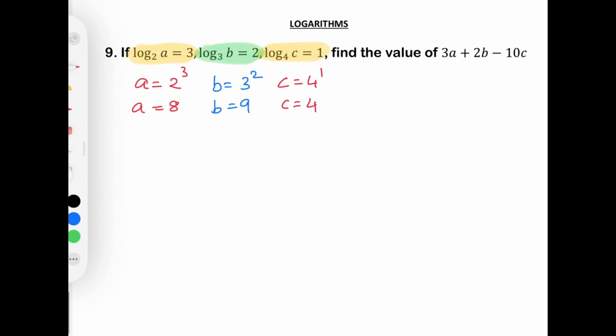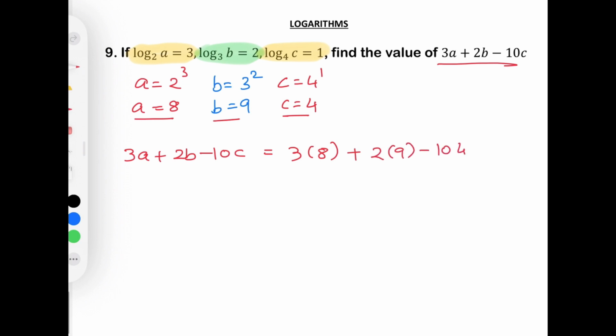Now substituting the values of a, b and c in the given expression, which is 3a plus 2b minus 10c, we get 3 times 8 plus 2 times 9 minus 10 times 4, that equals 24 plus 18 minus 40. 24 plus 18 gives 42, and then subtract 40, so the final answer is 2.